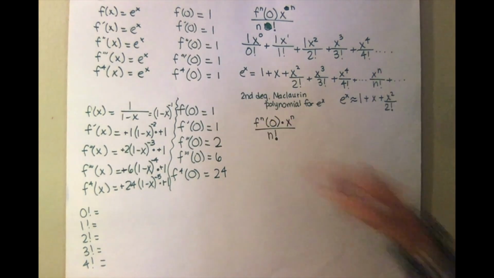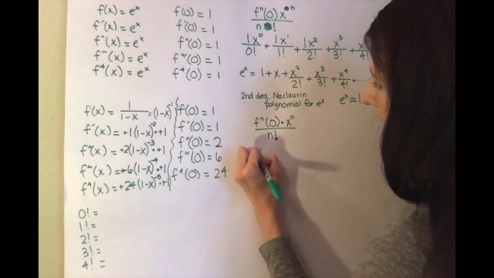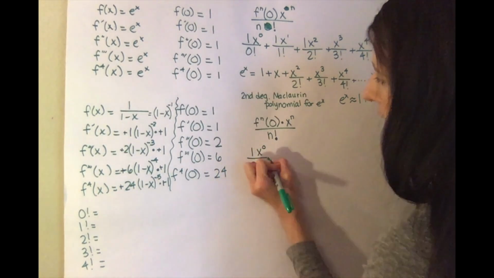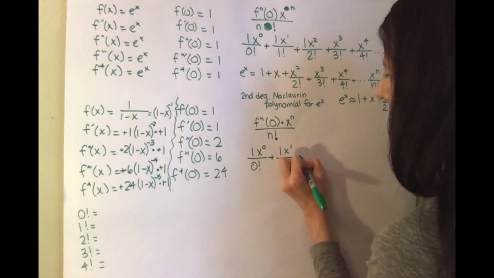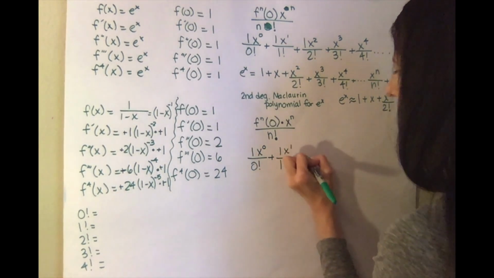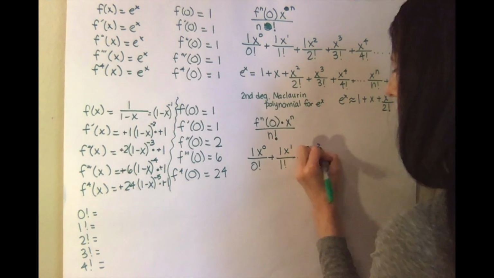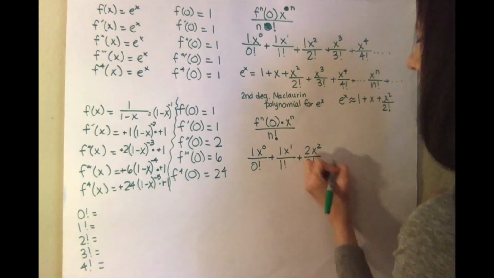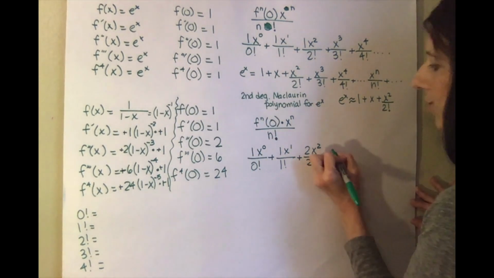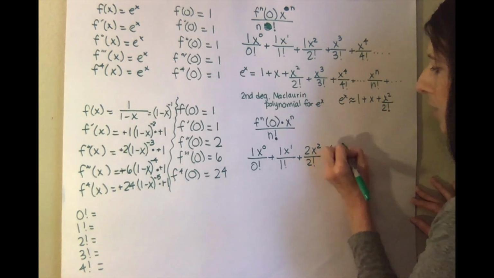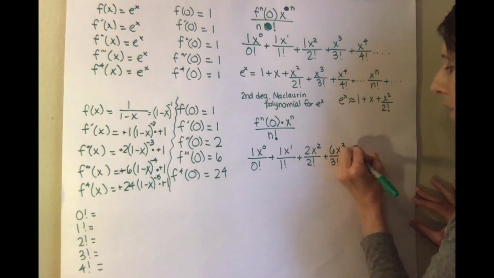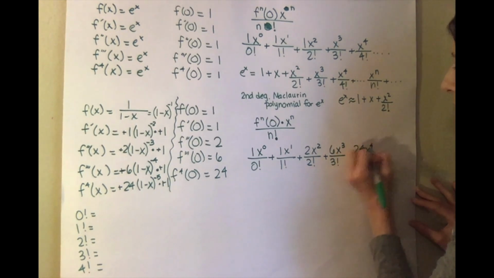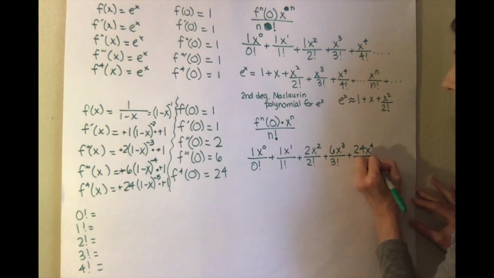Okay, so starting here, we have 1 x to the 0 over 0 factorial plus 1 x to the 1 over 1 factorial plus 2 x squared over 2 factorial plus 6 x cubed over 3 factorial plus 24 x to the 4th over 4 factorial.